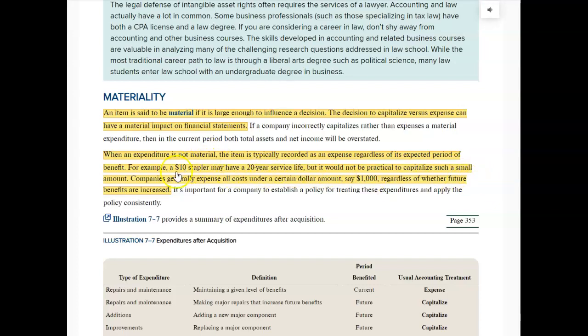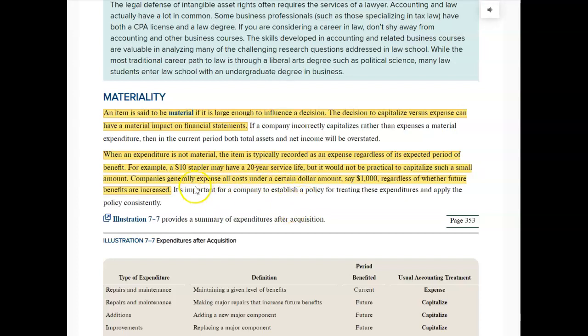For example here, if you buy a $10 stapler, it might last 20 years, maybe longer. So should you set up $10 into an asset account and then depreciate the stapler off over a 20-year period? Well, if you did that, and we're going to talk about depreciation in just a few minutes, that would be taking $10 spread over 20 years, 50 cents a year depreciation expense.